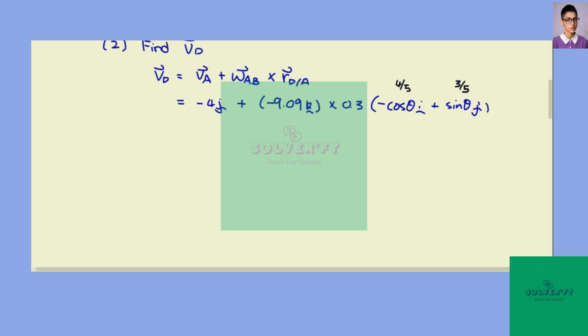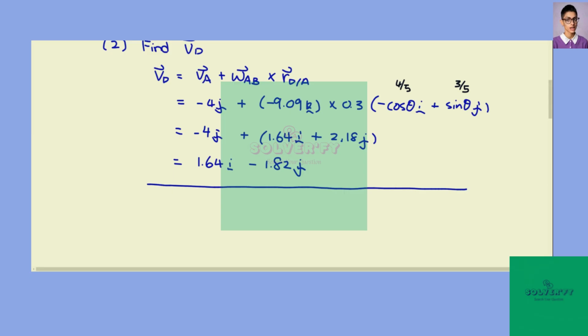Then we get minus 4J plus 1.64I plus 2.18J, which is the result of the cross product. Then you get 1.64I minus 1.82J.